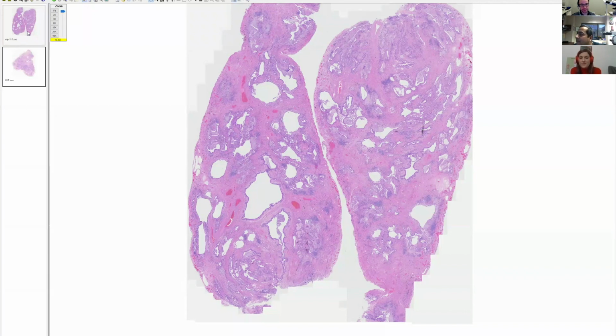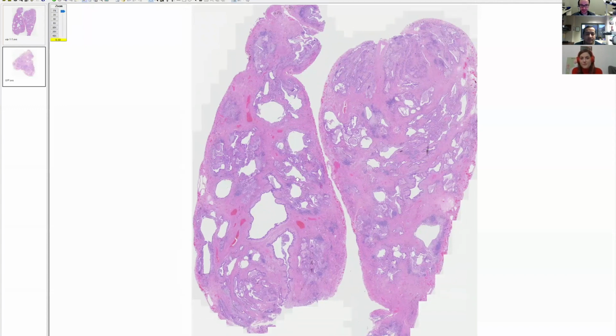Yeah. Perfect. So this is something I sometimes struggle with, in that you get these larger surgical wedge biopsies where the whole thing is abnormal, right? There's really not any normal lung left, and so that patchwork pattern is not really here anymore, in that at this low power magnification, it all kind of looks the same, right?